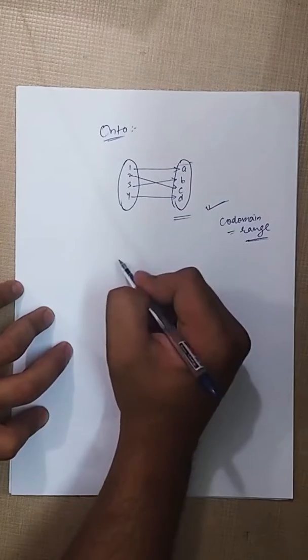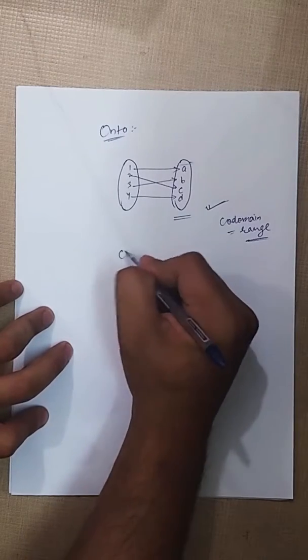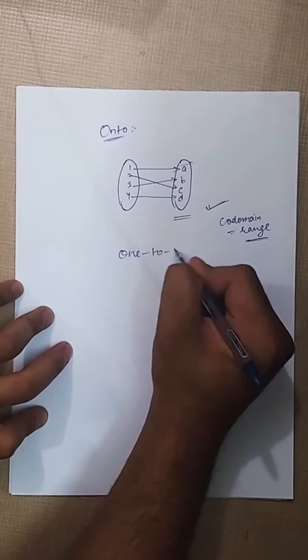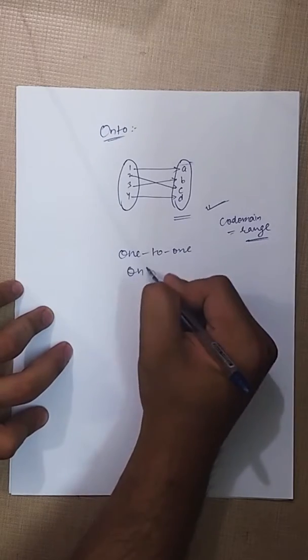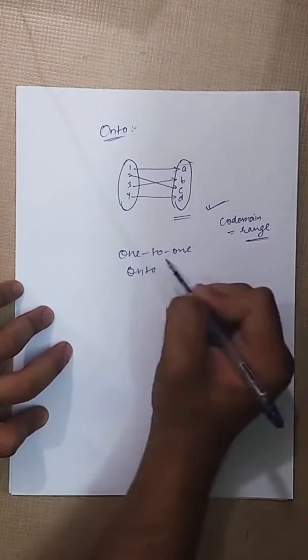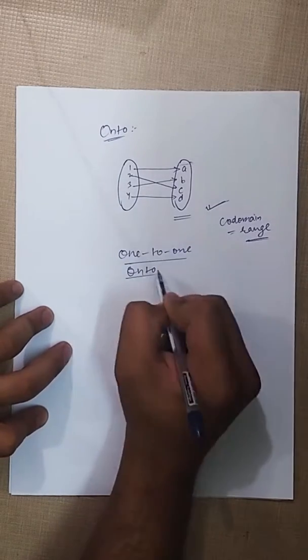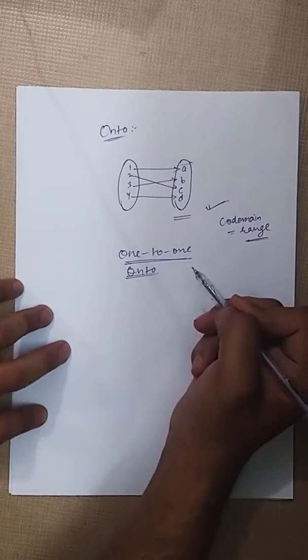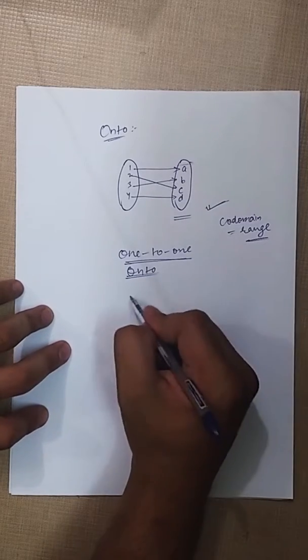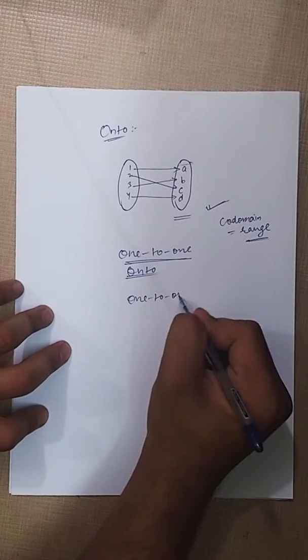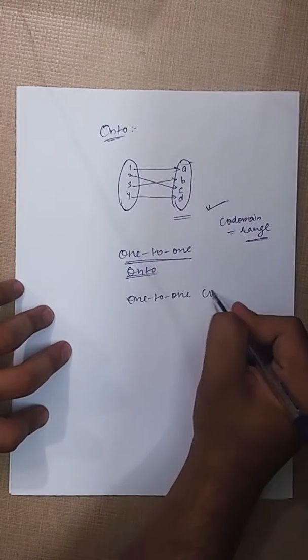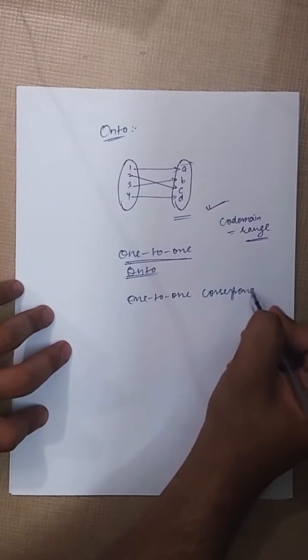So if a function is both one-to-one and onto, a function can also be both one-to-one and onto at the same time. This type of function is called a one-to-one correspondence.